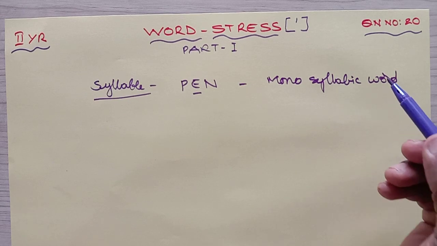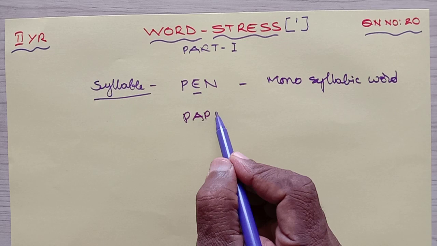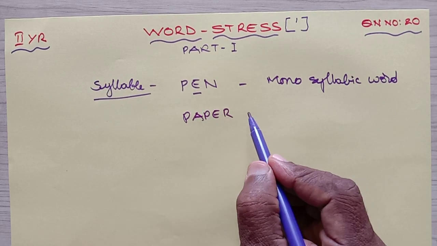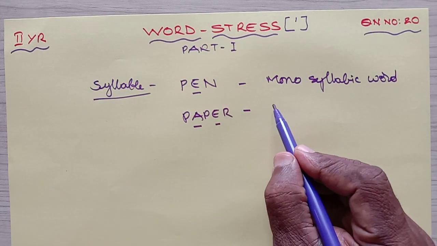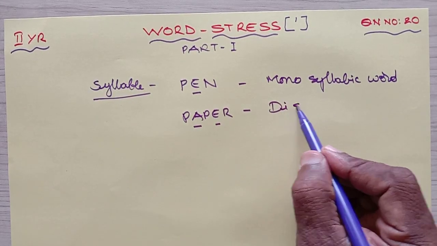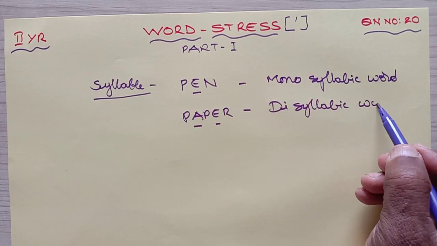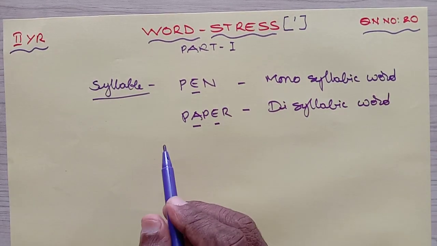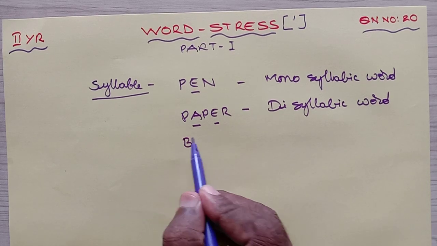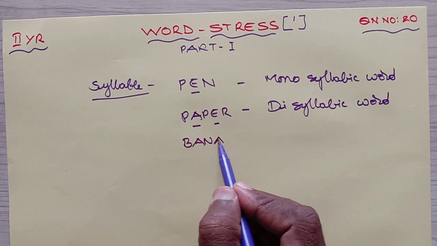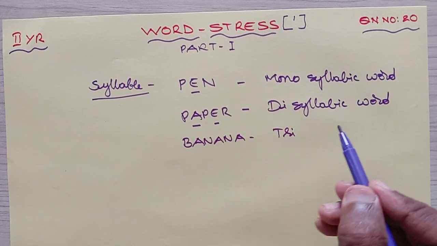If you take another word like paper, P-A-P-E-R, so 1, 2, this is a disyllabic word. Take the example of banana, it's a trisyllabic word.